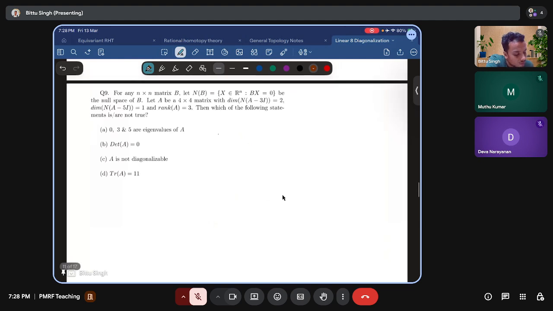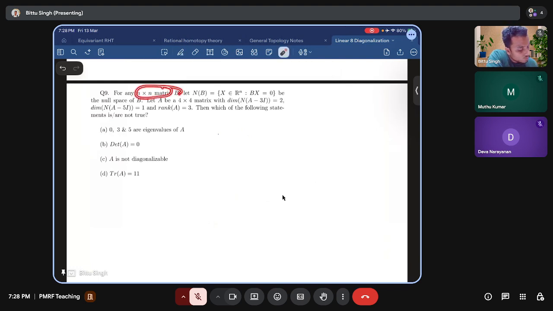Okay. So in this question, B is an n by n matrix whose null space N(B) is defined by this, which is the usual null space.